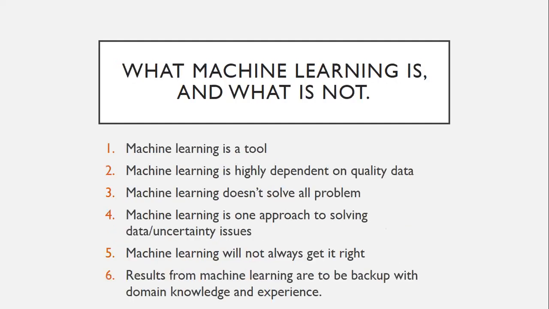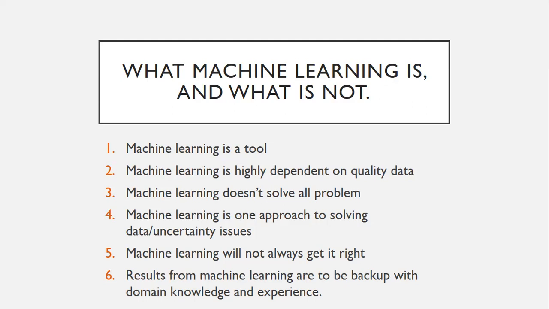Now, what machine learning is and what it is not. Machine learning is a tool. Machine learning is highly dependent on quality data, as I've said earlier. If your data is not properly cleaned, it won't be able to solve the problem. Machine learning does not solve all problems.